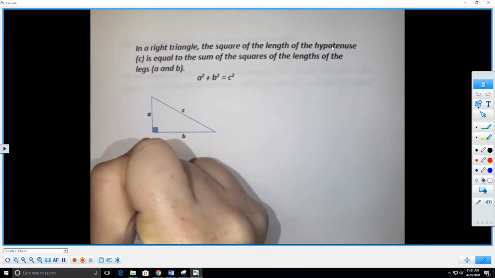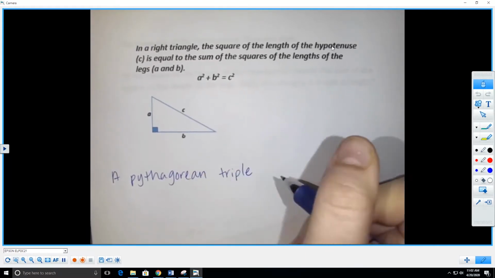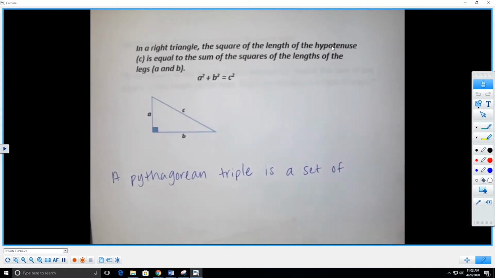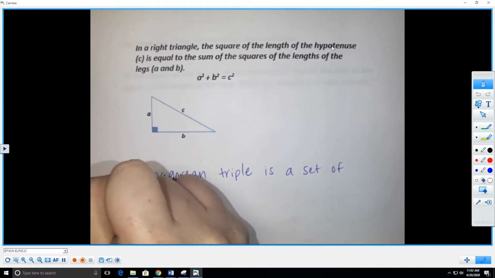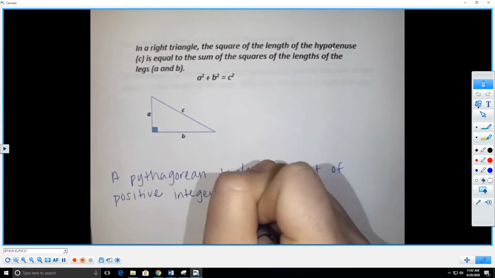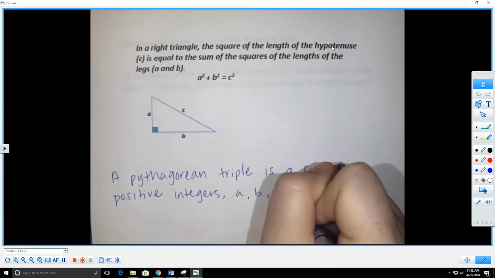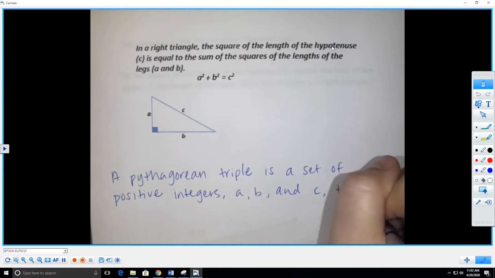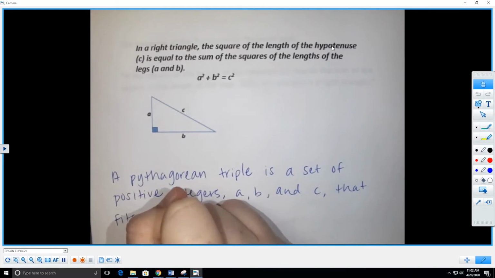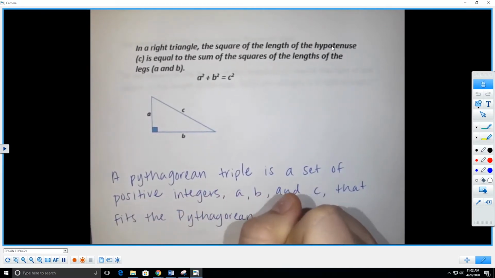A Pythagorean triple is a set of positive integers, A, B, and C, that fits the Pythagorean theorem.